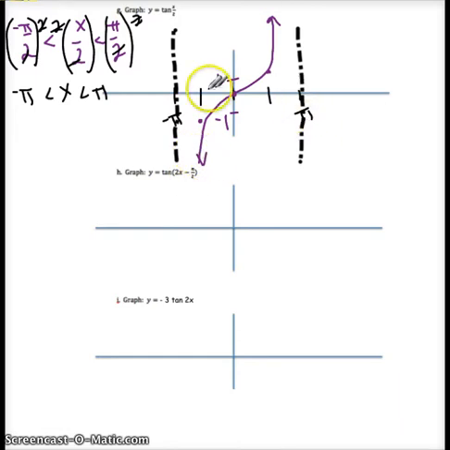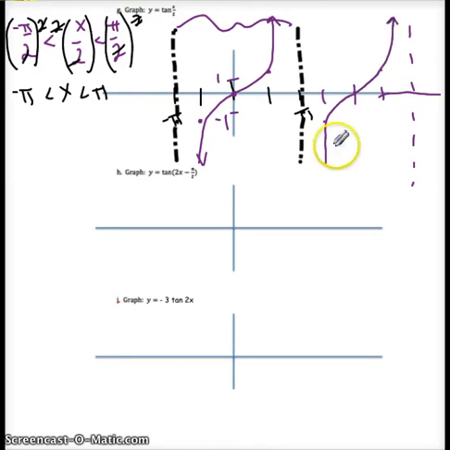Now we've only graphed one period, so I want us to think about, if I ask you to graph a second period, you know that you would have to go out this distance for your next asymptote. So here's the asymptote. We can divide this into 4 equal parts, plot our points, and draw the second period of tangent.